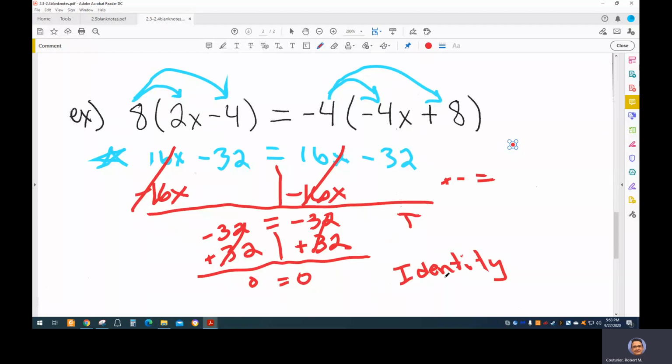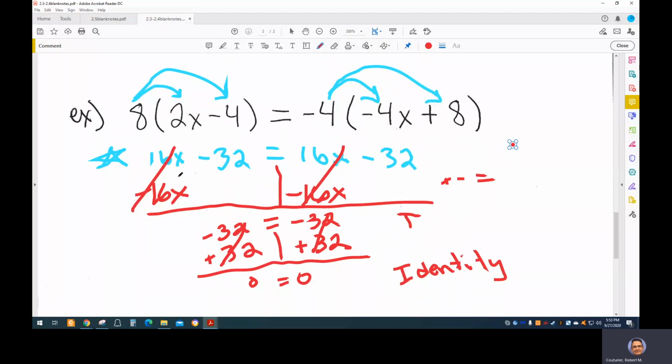What an identity means is that anything you plug in for x will make it a true statement. Any number you plug in for x will make this a true statement. Plug in 0. Well, this goes away and that goes away, and you have negative 32 equals negative 32. Plug in 1. So 16 minus 32 equals 16 minus 32.